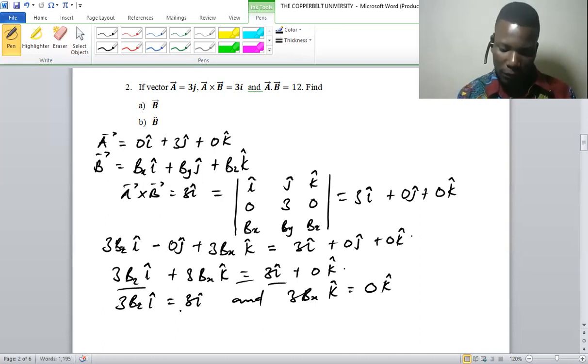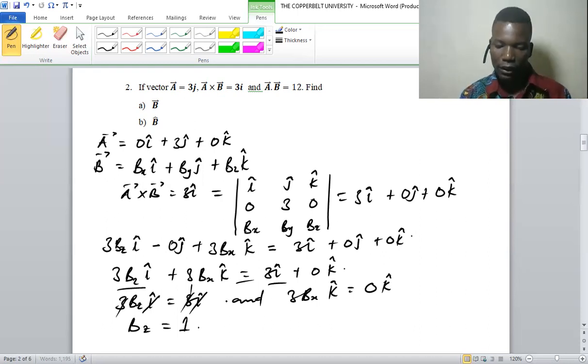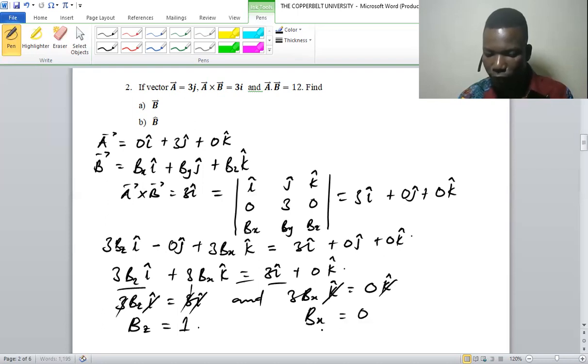If we divide throughout, that will give us 1. So bz is equal to 1. And then here we have bx equal to 0, because we have 0 divided by 3.